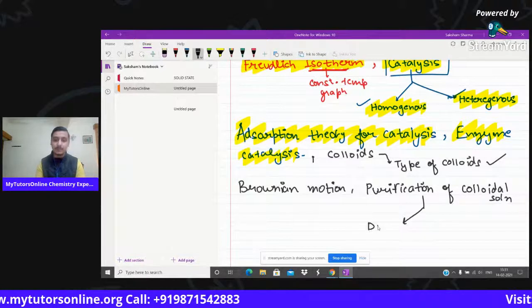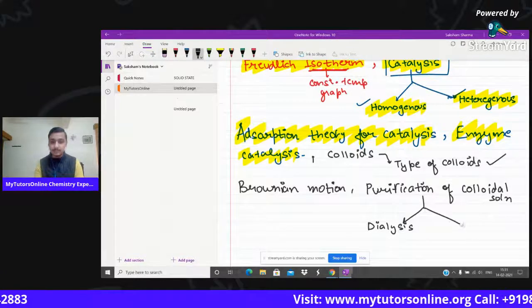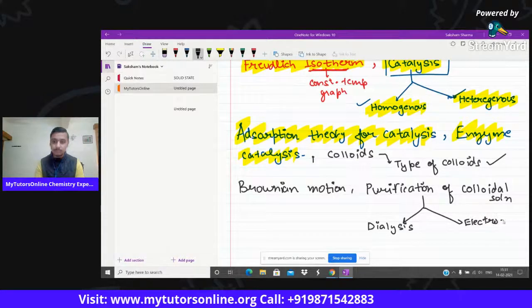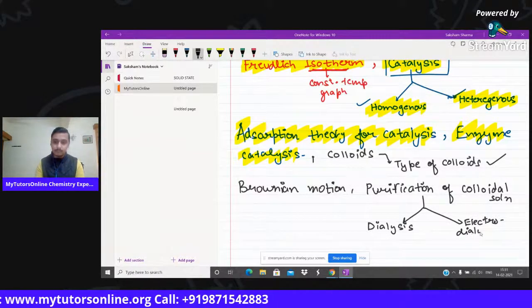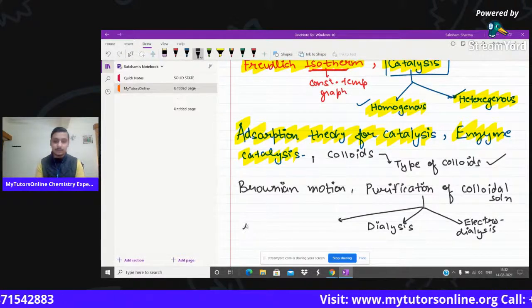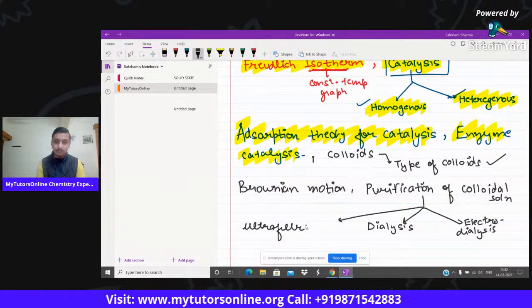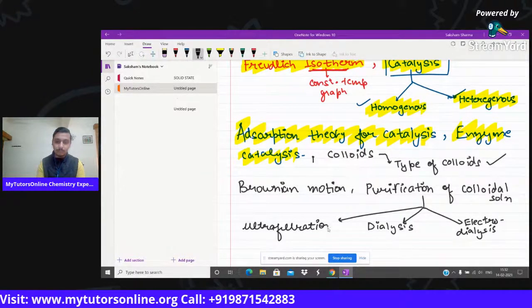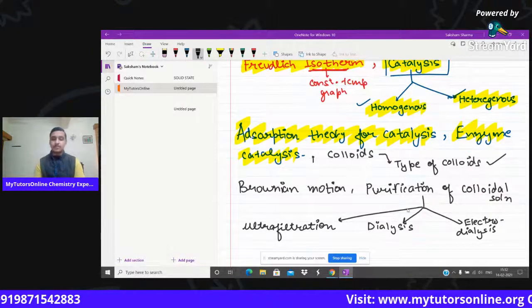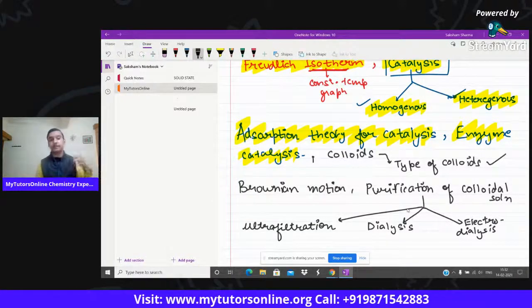Here you have dialysis, electrodialysis, and ultrafiltration. So these are all the important topics for this chapter.